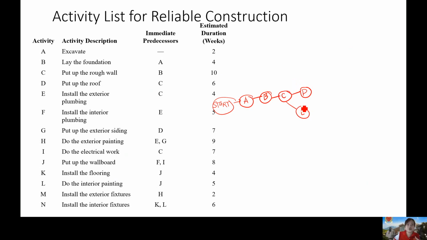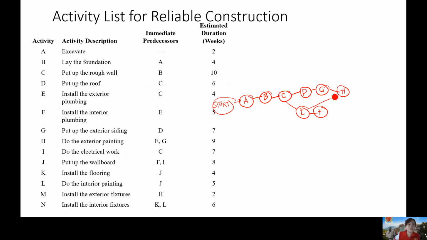C, E can be placed on top, that's okay. F is after E, so this is F. Then G is after D. H is after E and G. This is H.